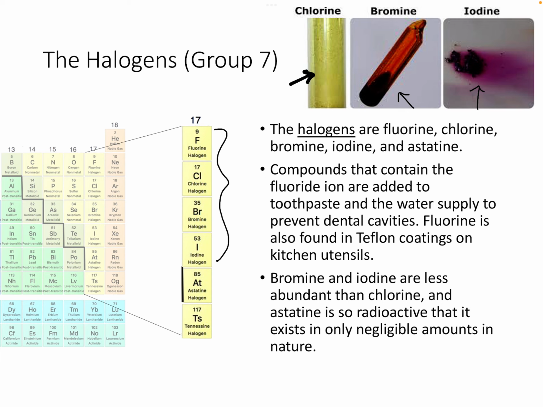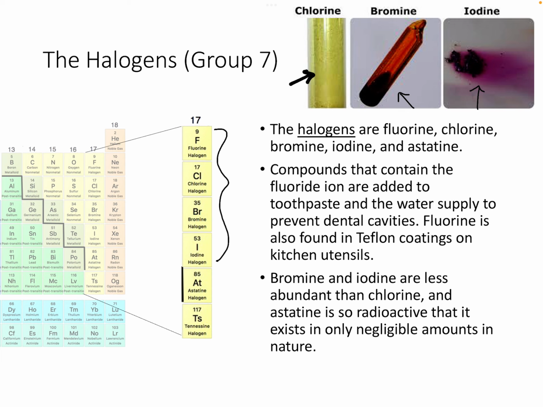Now, compounds that contain the fluoride ion are added to toothpaste and water to prevent dental cavities. Fluorine's also found in that non-stick coating on kitchen utensils called Teflon. Bromine and iodine are less abundant than chlorine.